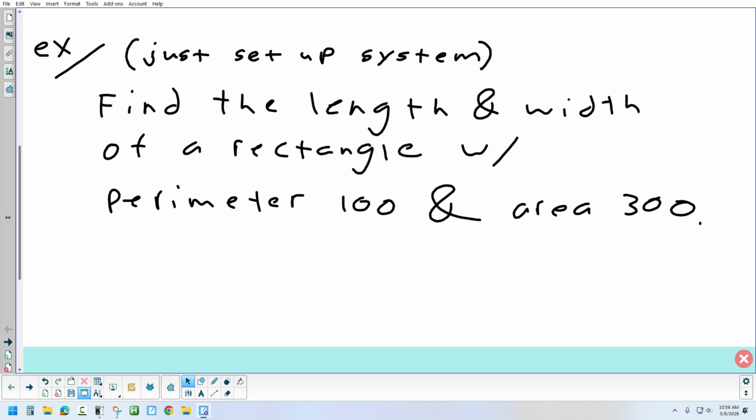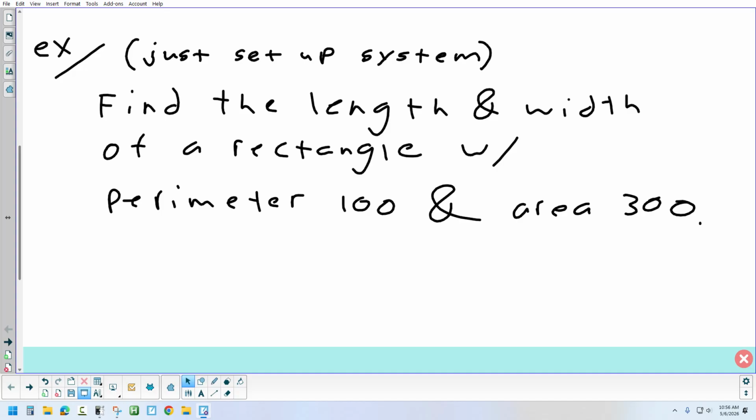If it's a shape that's not familiar to you, like an octagon, I'm not going to ask you the area of a shape that wouldn't be common. You can probably figure out the area of an octagon if you make it into triangles and break it up. But for a rectangle, you should know the formula for the perimeter and the area. Hadley, what's the formula for the perimeter of a rectangle?